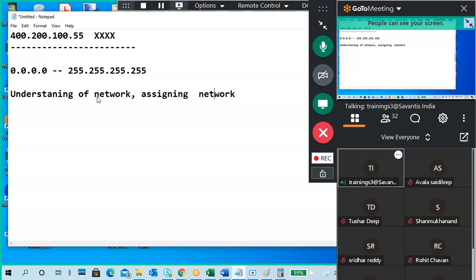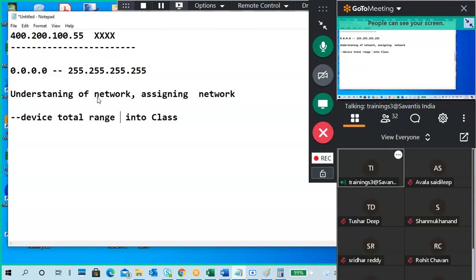So we divide this total range into classes. We divide the total range of IPv4, meaning 0.0.0.0 to 255.255.255.255, into classes for understanding, which is a logical network.